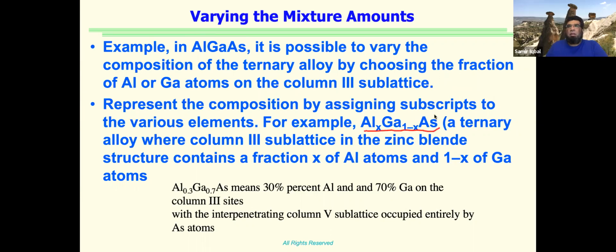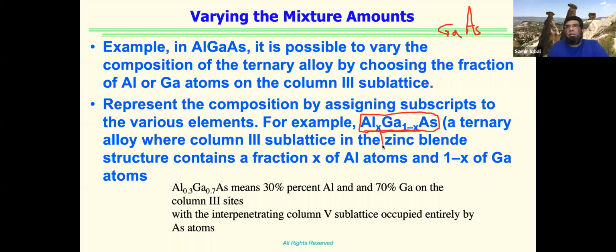So this is called a ternary compound. If you have only 2 of them, for example, gallium arsenide, you would call it a binary compound. If you have 3, you'll call it a ternary alloy. If you have 4, what would you call it? Quaternary. So it's just a way of knowing how many elements are involved in creating that material.